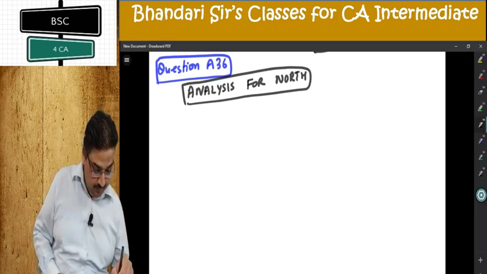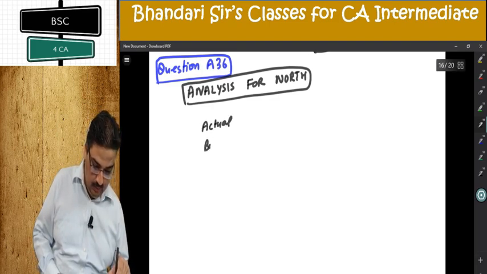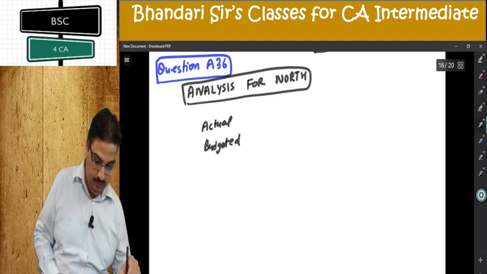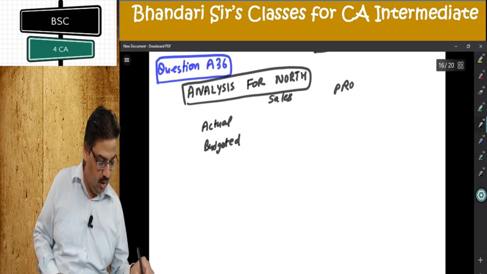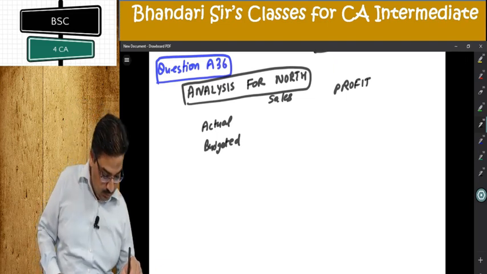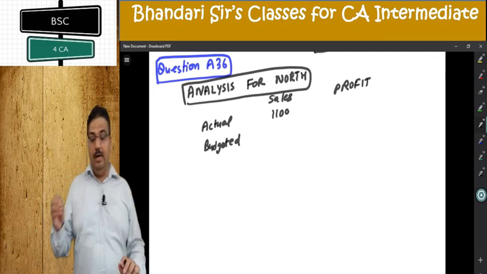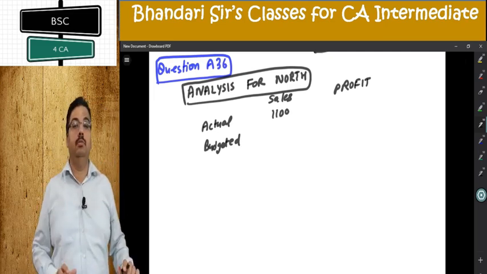You are given actual data and budgeted data of sales and profit. Actual sale is 1100 and it was under budget by 400.